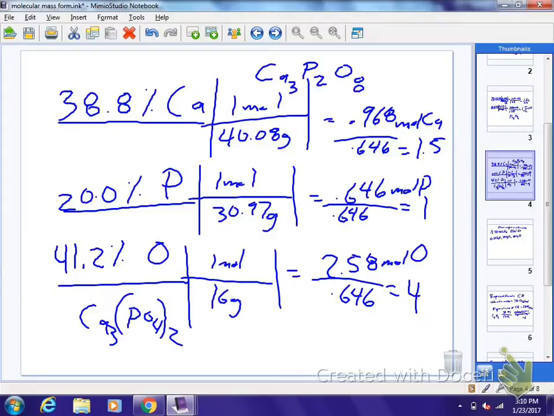If you have it as Ca3P2O8, that's fine. Now, I'm not going to count it wrong, but some of you that really get it will understand that PO4 is off your polyatomic ion sheet, a phosphate. If I have 2 of them, then it looks like our charges balance out, -3 plus 2.